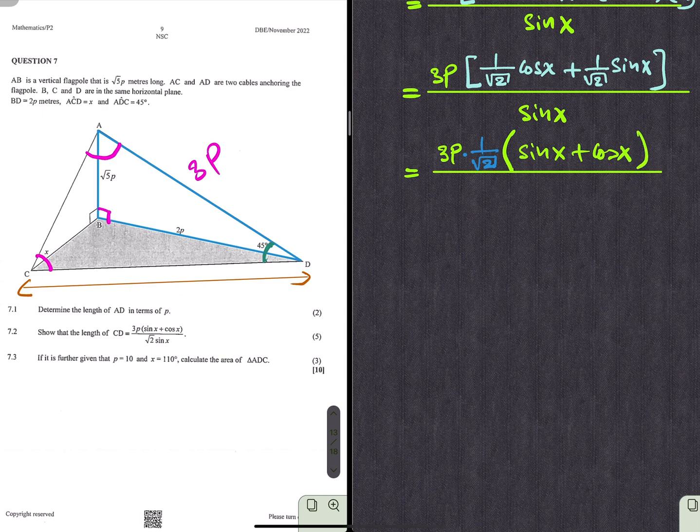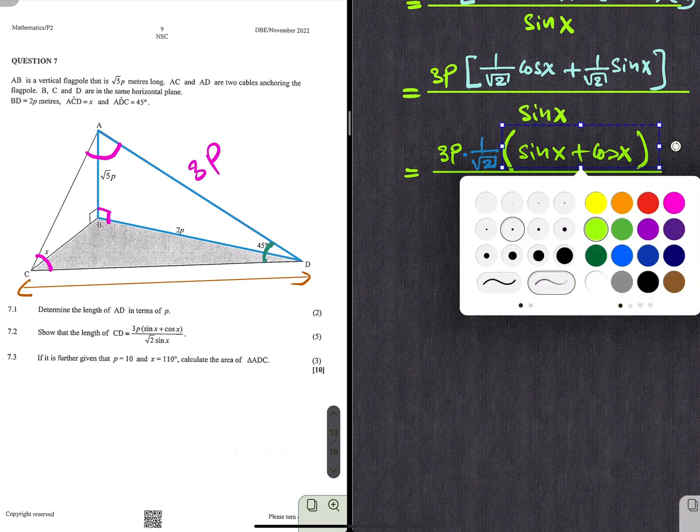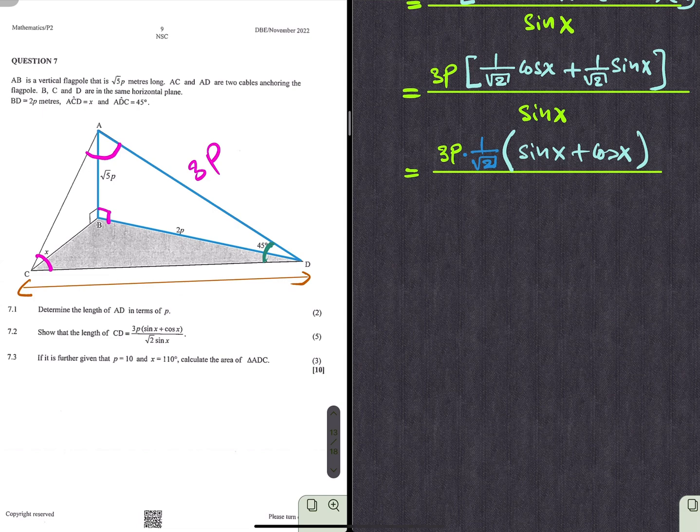So I can always do that. Let me just show that these are the things that I was coming along with, in a different color. So this I must divide by sine x.